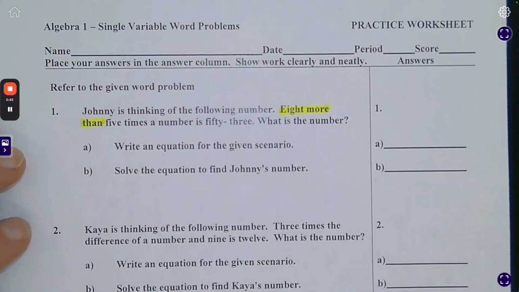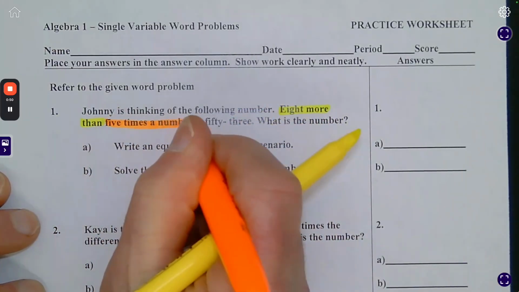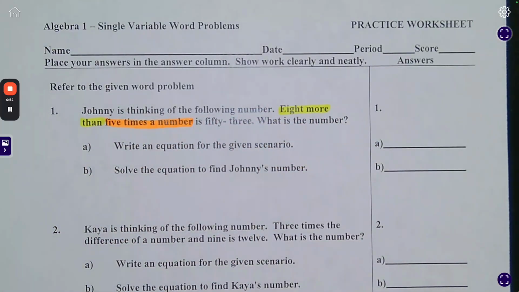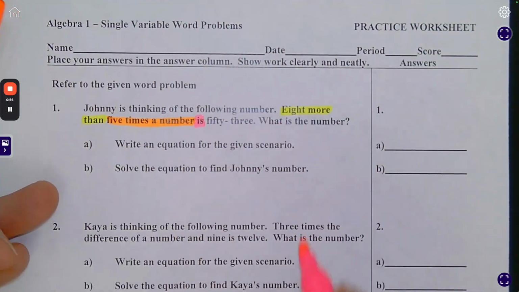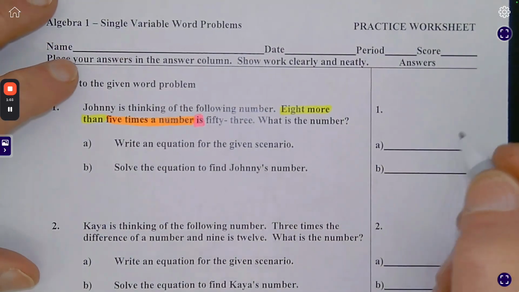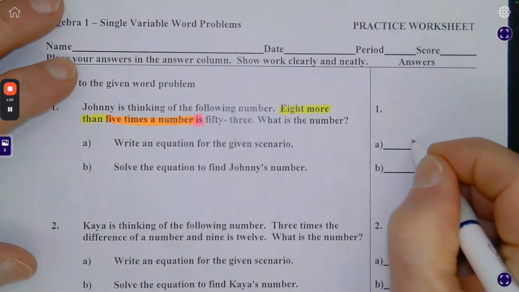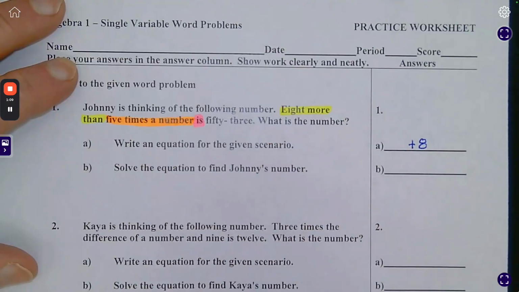8 more than, that's some words we need to be aware of. 5 times a number, that needs to be a phrase we're aware of. The word is is also a really important word. I think we know what 53 means, so I'm not going to highlight that. Okay, so 8 more than a number means I'm adding 8 to it. What am I adding 8 to?